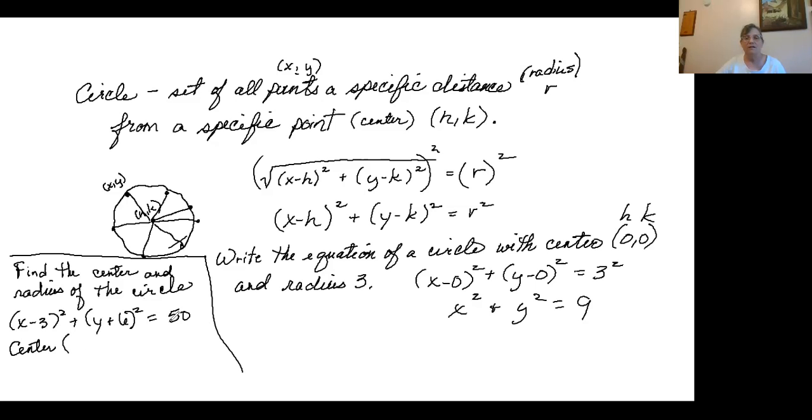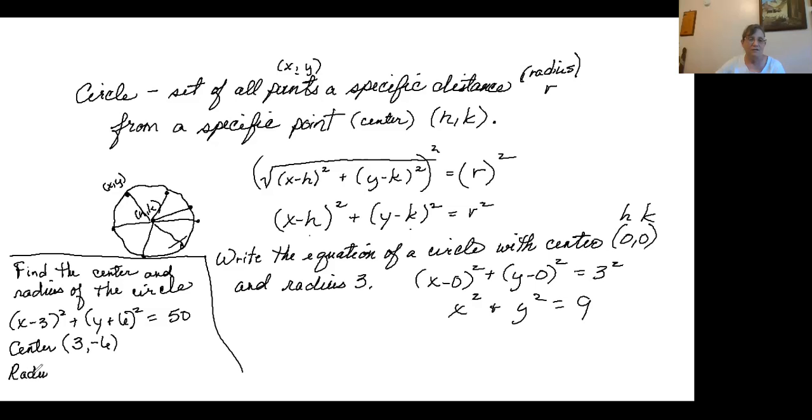The center, because the equation for the circle has minus h and minus k in it, where the center is positive h and positive k, this simply means that the signs are going to be different from what you see as the center point compared to what you see in the equation. The center here is going to be at positive 3, negative 6.